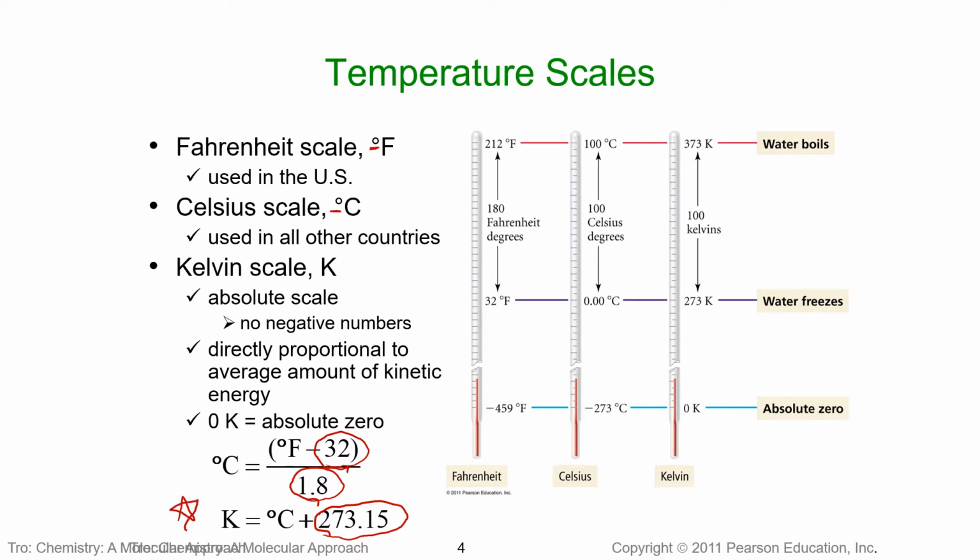This is a very important equation to know. Kelvin equals degrees Celsius plus 273.15. If you need degrees Celsius to Fahrenheit, you're welcome to look that value up. But we do use degrees Celsius to Kelvin quite frequently in this class.